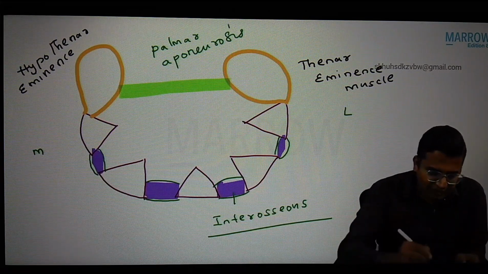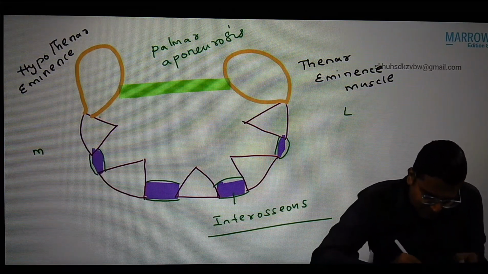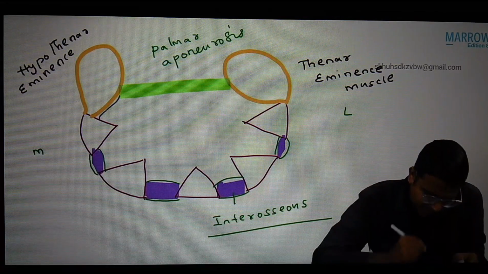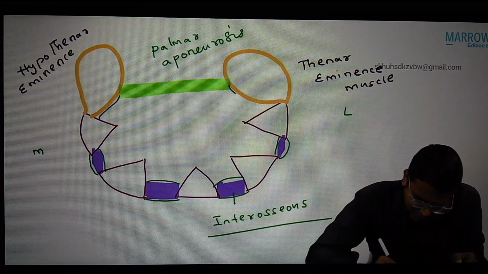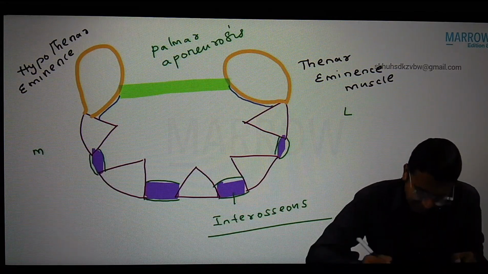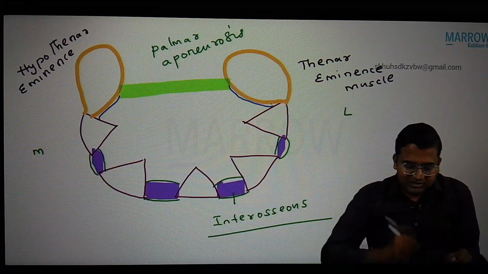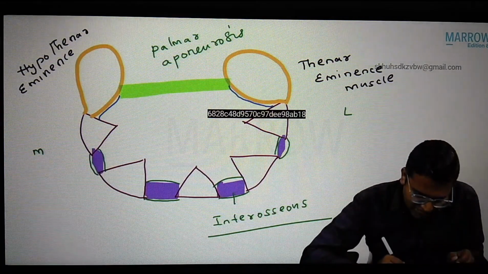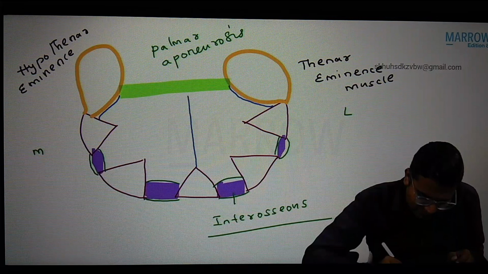Now on the medial side, we have the medial palmar septum. Similarly, on the lateral side, we have lateral palmar septum. From the third metacarpal bone, you have the intermediate palmar septum.